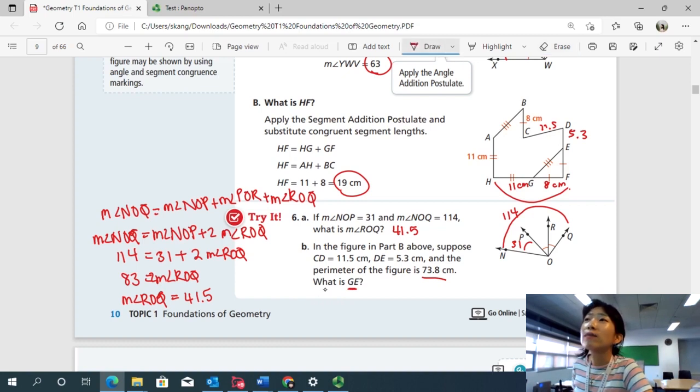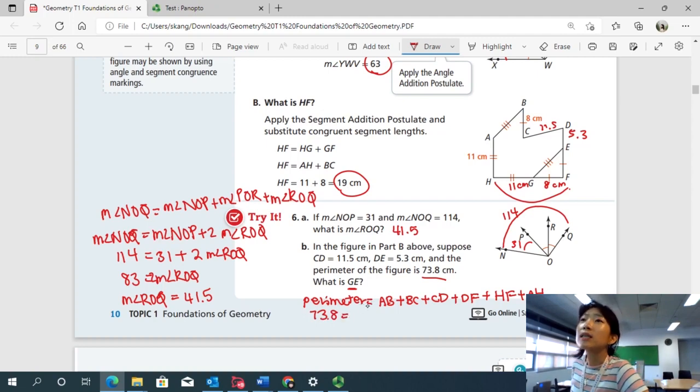You know that the perimeter is equal to AB plus BC plus CD plus DF plus HF plus AH, right? And then you know that perimeter is 73.8. You know AB is equal to the 3 tick marks here. Have you figured that out? No. So that's fine.